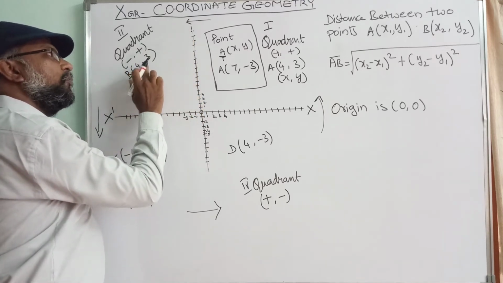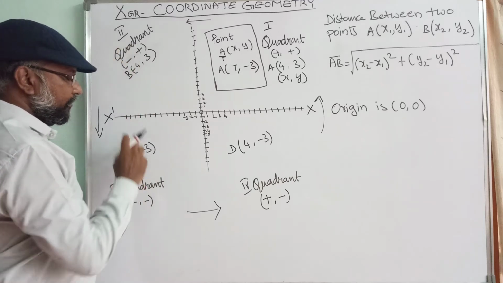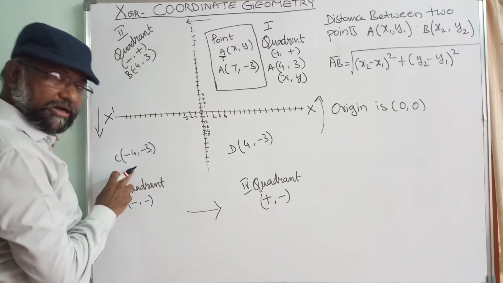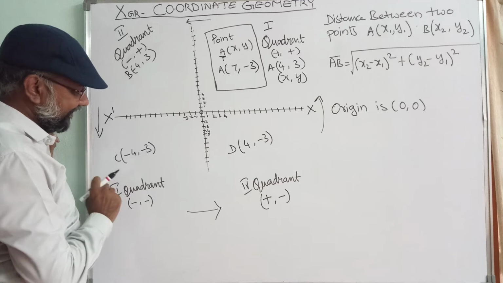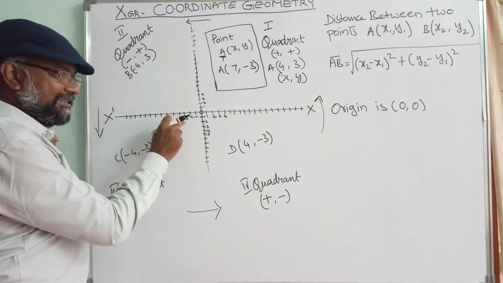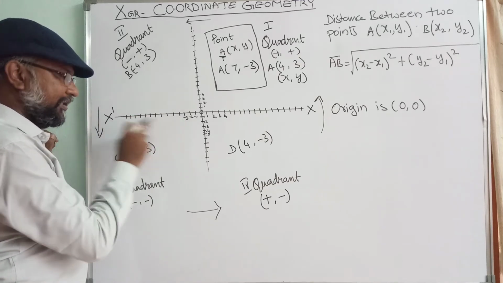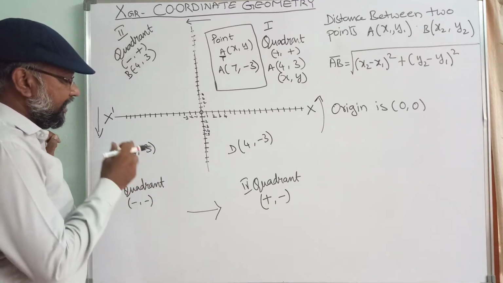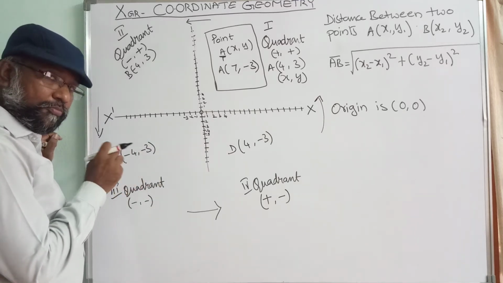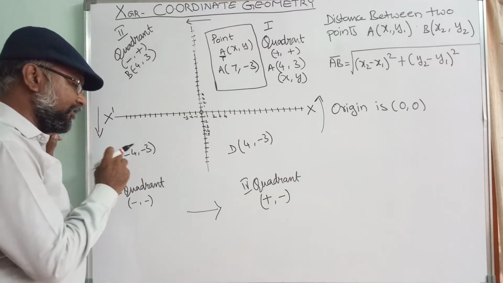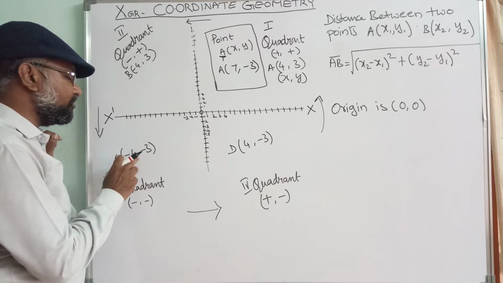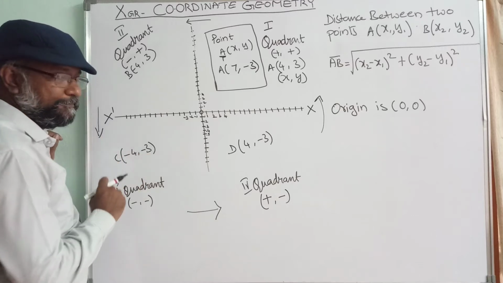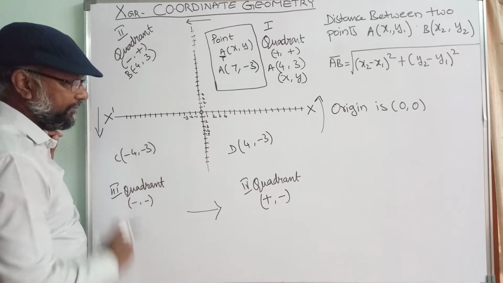Therefore, (-4, 3). In the third quadrant, the x value is negative and the y value is also negative. Therefore, an example for a point in the third quadrant is (-4, -3), both negative.